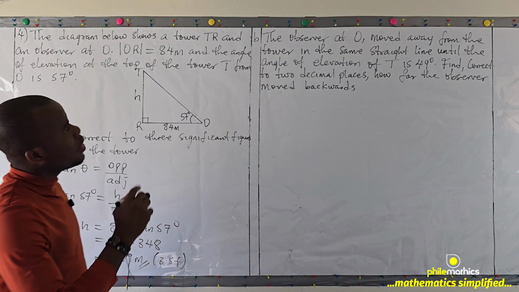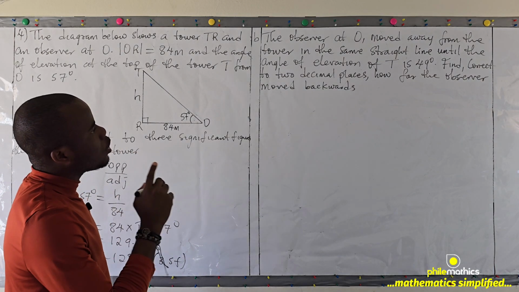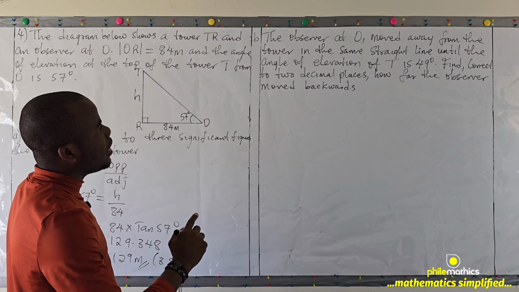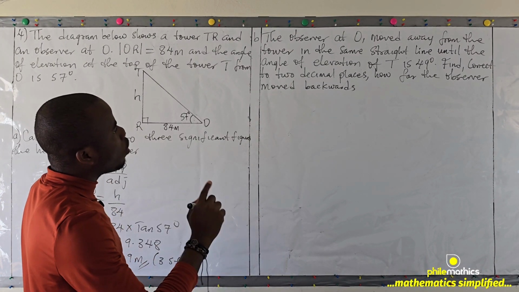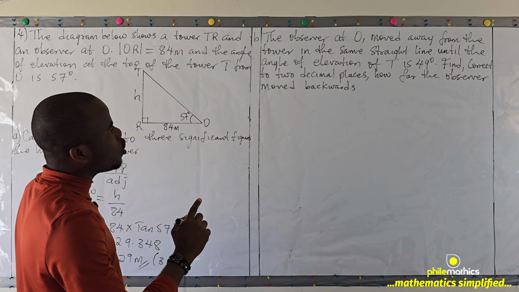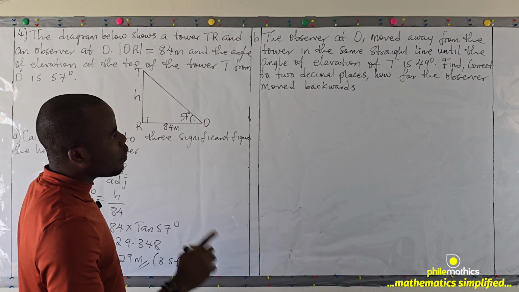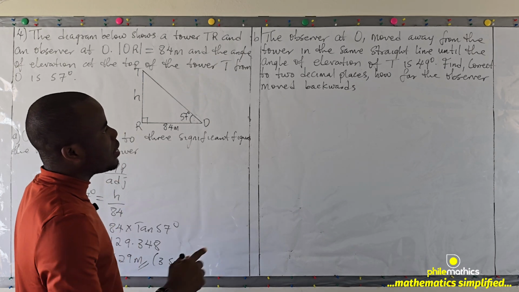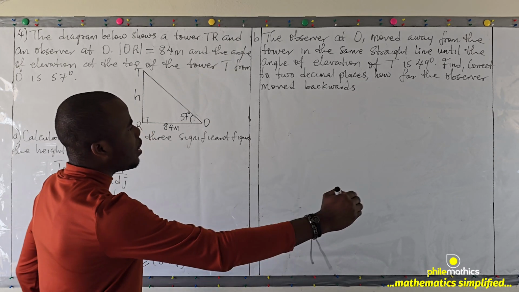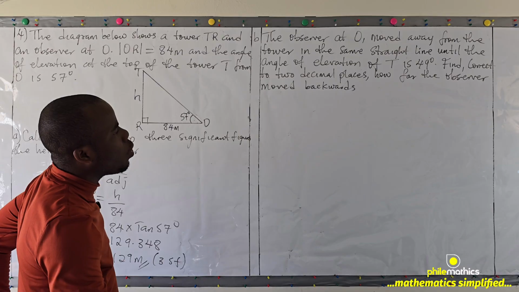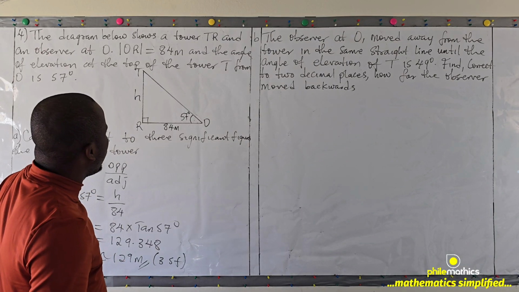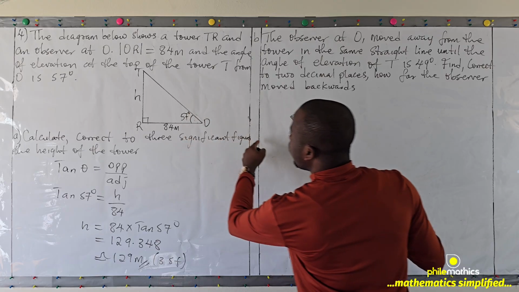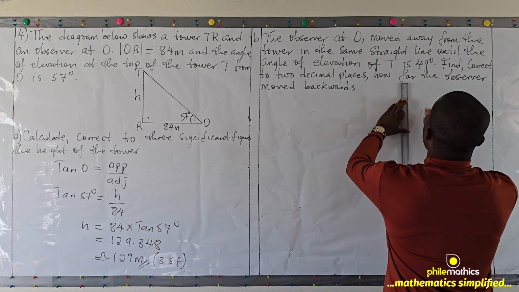B says the observer at O moved away from the tower in the same straight line until the angle of elevation of T is 49 degrees. Find correct to two decimal places how far the observer moved backwards. So what we are told is the observer moved back. Let's reconstruct.